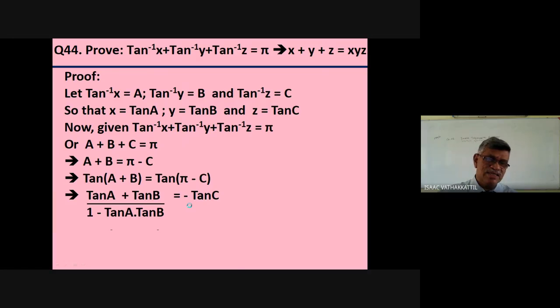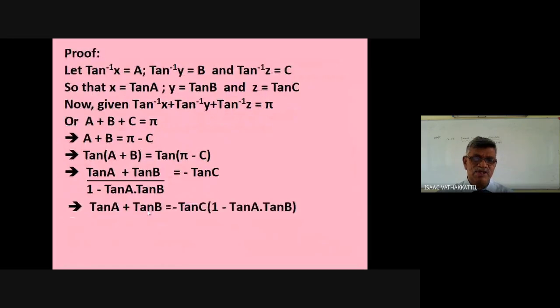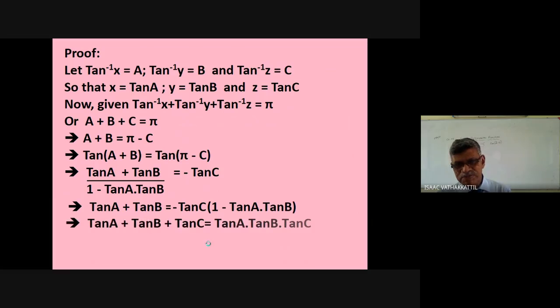Cross multiplying, what do you get? Tan a plus tan b equal to minus tan c into 1 minus tan a tan b. Opening the bracket, tan a plus tan b equal to minus tan c plus tan a tan b tan c. That minus tan c taken to left side, I directly get tan a plus tan b plus tan c equal to tan a tan b tan c.